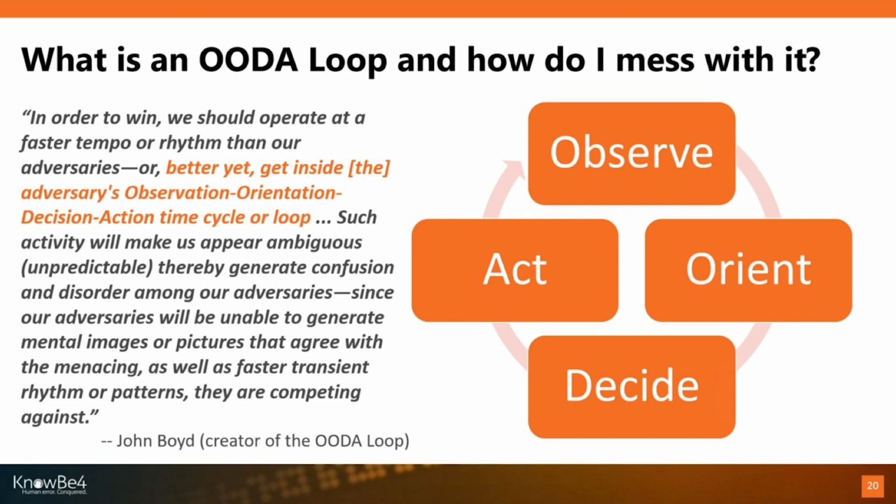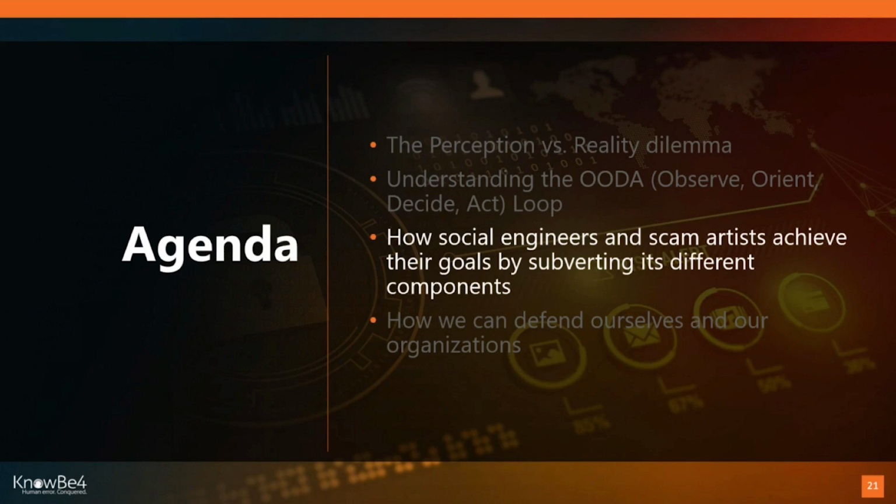Okay, that's what the attackers do here. And disruption is usually going after one of the first three steps there, seeing if they can drive you straight into the action part of what you're doing here. Okay, so we're going to talk about that a little bit here. We're going to talk about how social engineers and scam artists achieve their goals by subverting those different components.